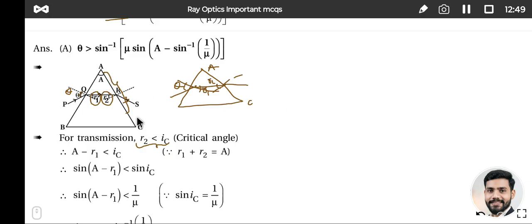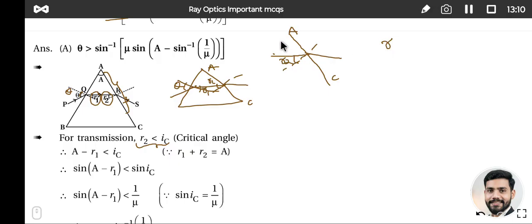So to get transmitted through the face AC, we have to get outside. If I draw properly, this is the normal, here is the angle R2, and we have to come back outside through this surface AC. That means in this case R2 is the angle of incidence.